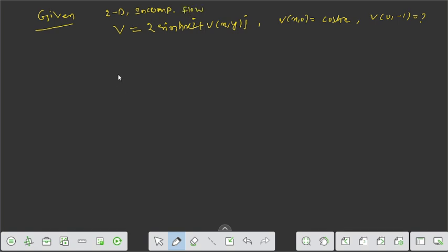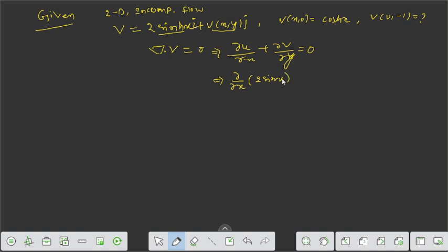So we have to satisfy the continuity equation. The continuity equation is del dot V is equal to 0. That means del u by del x plus del v by del y equal to 0. So this is u and this is v. So del u by del x is equal to del by del x of 2 sinh x, hyperbolic, plus del v by del y is equal to 0.